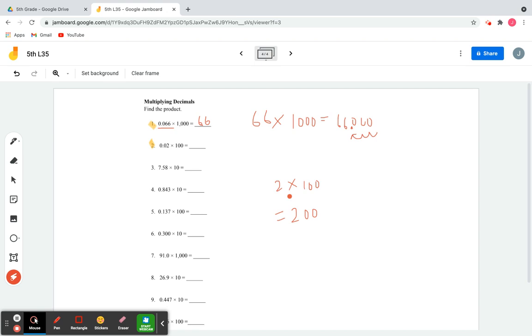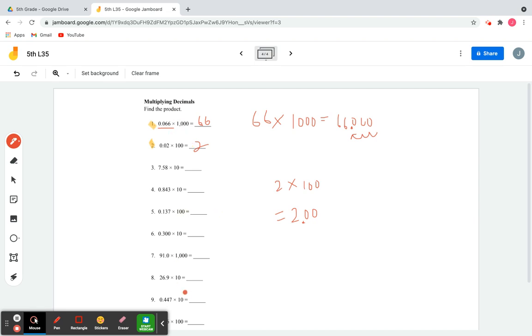So there should be 2 digits behind the decimal point. So I'm going to move the decimal point to the left by 2 units. So the decimal point is here. So I'm going to move it to the left by 2 units. So the decimal point is going to be here. And the final answer is going to be 2. Okay.